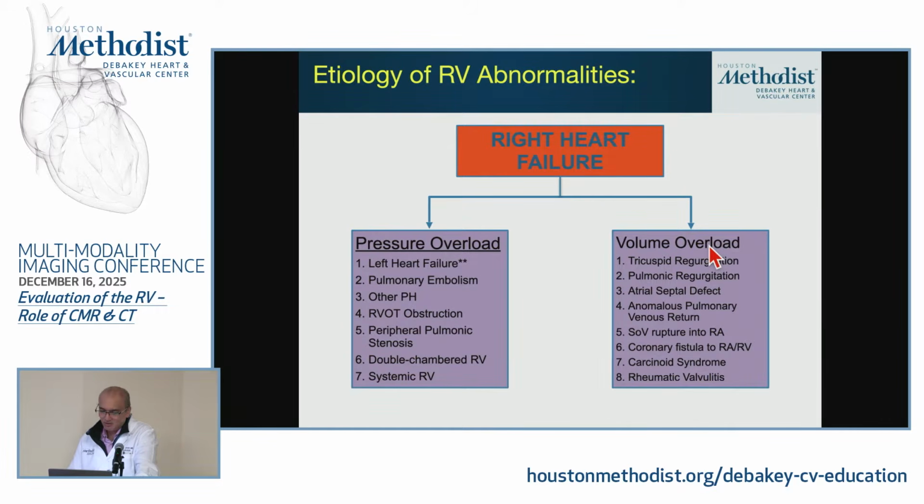RV volume overload phenotypes would be tricuspid or pulmonic regurgitation, or intracardiac shunts such as an atrial septal defect, anomalous pulmonary venous return, and then some of the more uncommon conditions listed here.